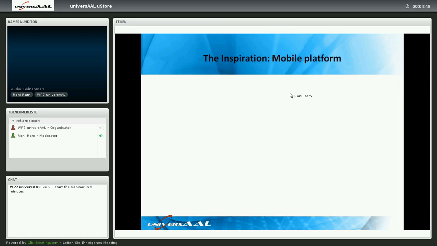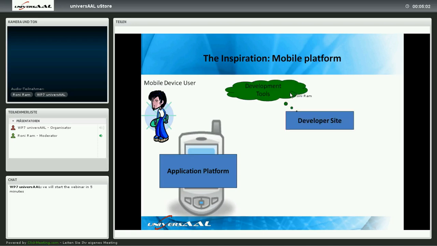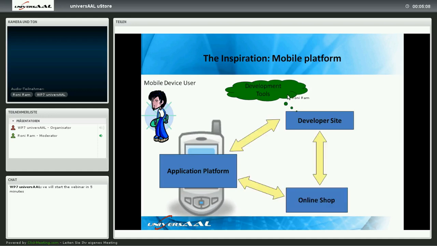The inspiration for the overall solution of unisal comes from the mobile domain. We have a user who owns a mobile device, with some application platform running on top of it. On the other hand, we have a developer site with development tools and an online shop for all the applications that are available.